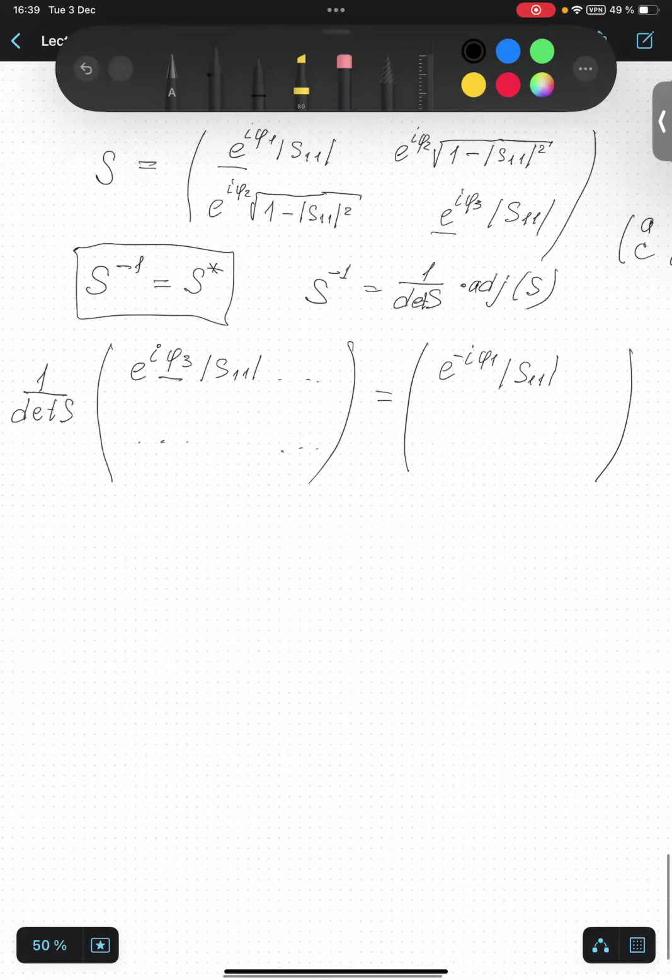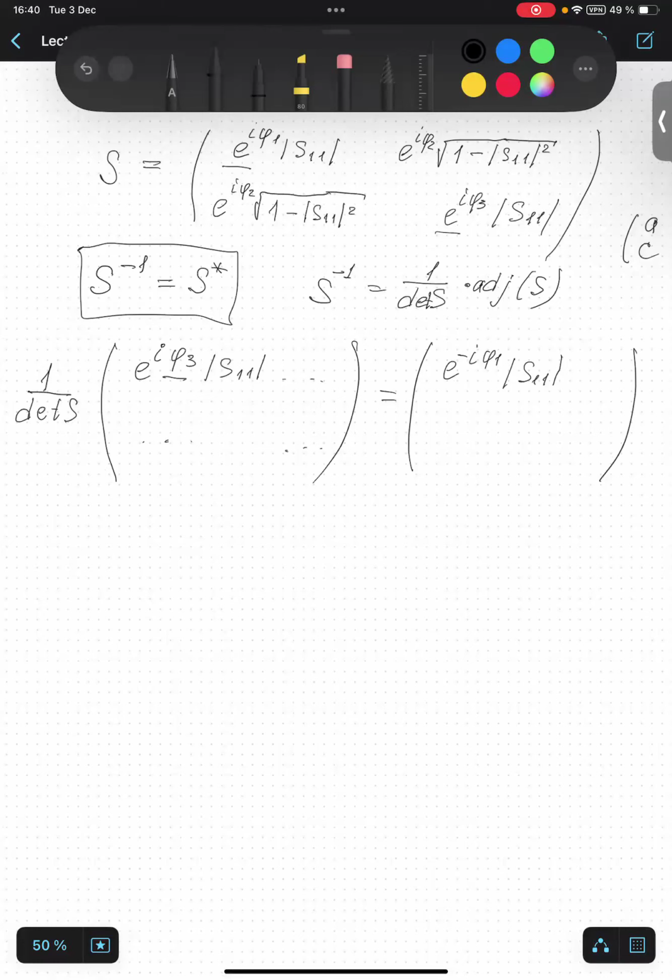So for the first component of this matrix equation, what can we write? e^(i phi3) S11 equals determinant S multiplied by e^(-i phi1) S11. What do we have?